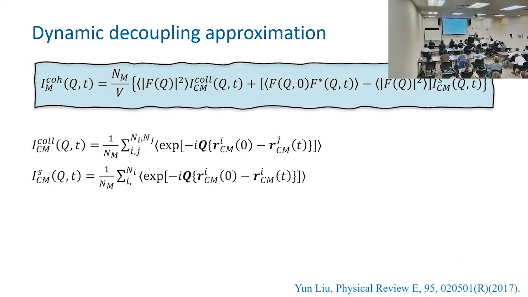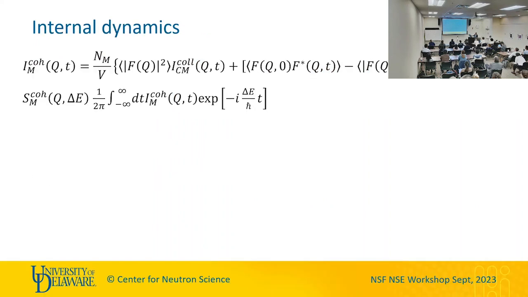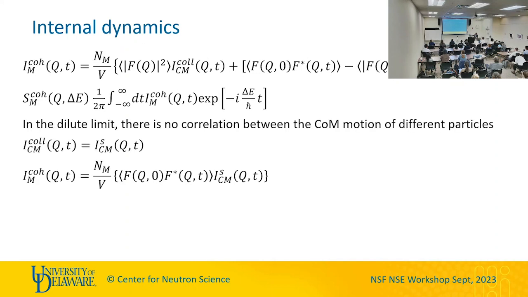But if you work it out in this way, you can realize that if you are, for example, in a case where the concentration is very low, you do not have correlation between the different motion of the nanoparticles, but you can observe the motion of the shape or relative orientation of the nanoparticles. That's how you get to the internal dynamics.